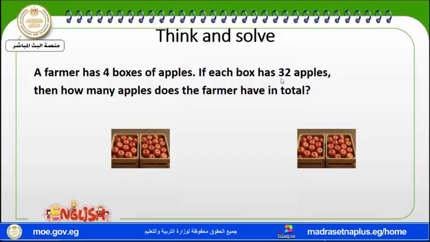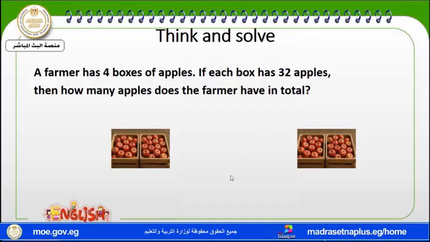If each box has 32 apples, then how many apples does the farmer have in total? So we want to think about it: there are 4 boxes of apples, each one has 32. What is the total number of apples?